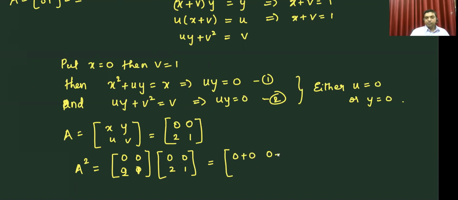Second term 0 plus 0. Third term 2 into 0 plus 1 into 2, 2. Last one 2 into 0 plus 1 into 1, 1. So you get 0, 0, 2, 1. So A is an example of an idempotent matrix.